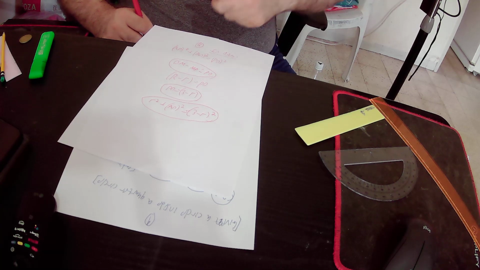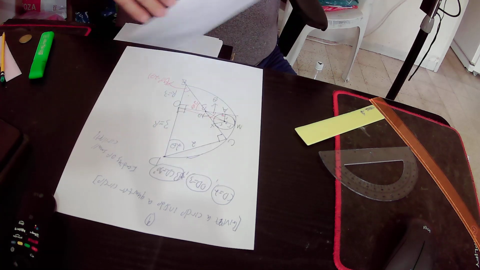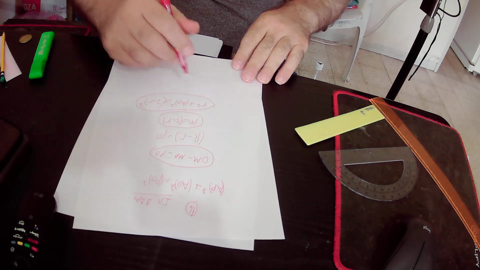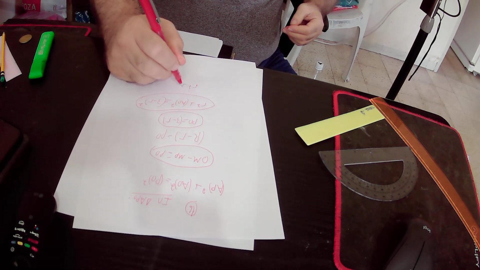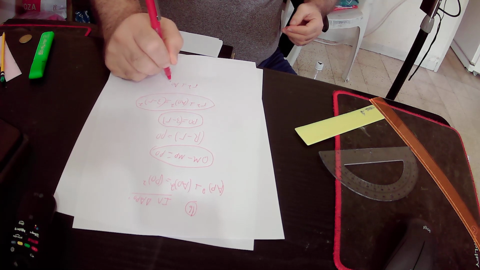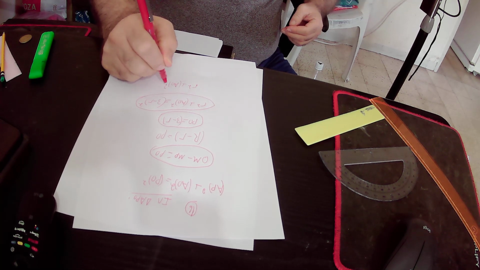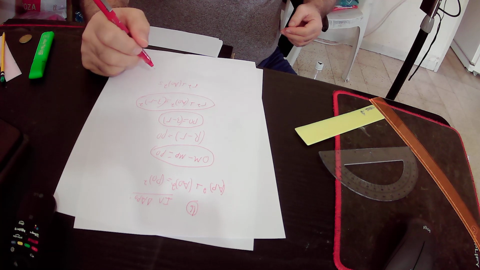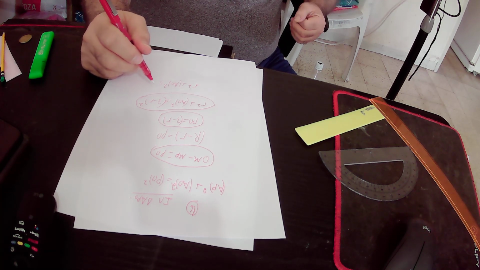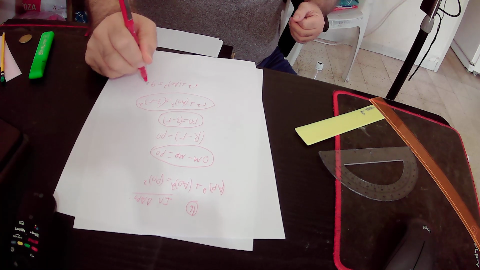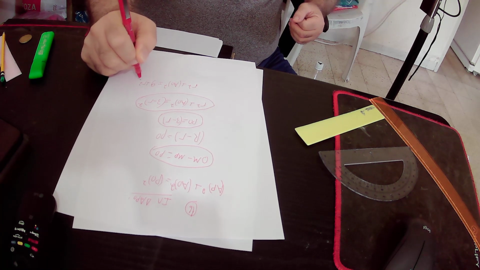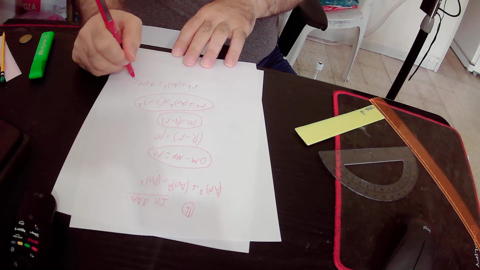So here we will open the brackets. We'll get that r square plus AO square equals (3 minus r) square, which is 3 square, 9, plus r square minus 6r.